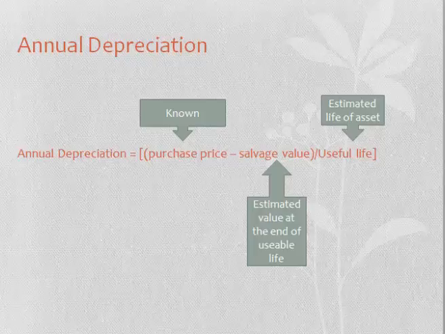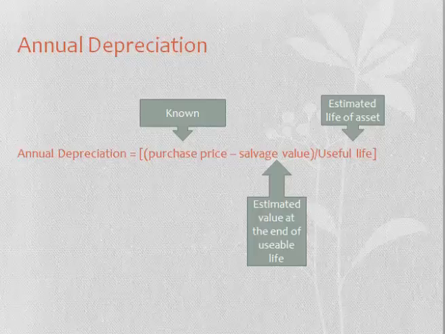Otherwise, it's an estimated value. And then you divide that by the useful life, or the years that the equipment or the machinery or the building or whatever the case may be will be in use. So again, take the purchase price, subtract out what it will be worth at the end of that useful life, and then divide it.